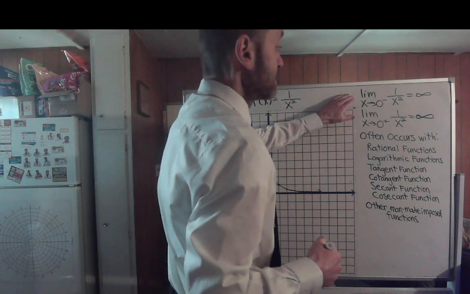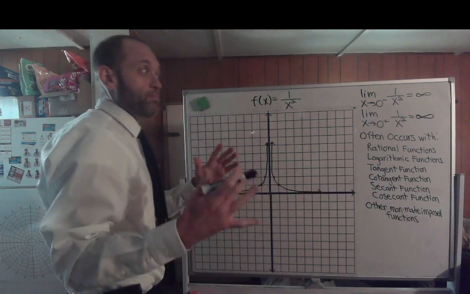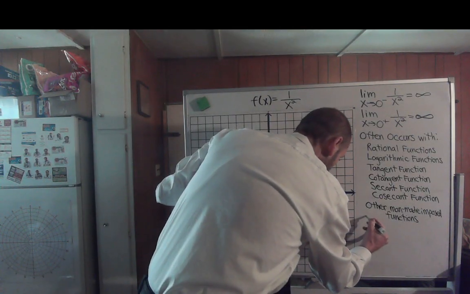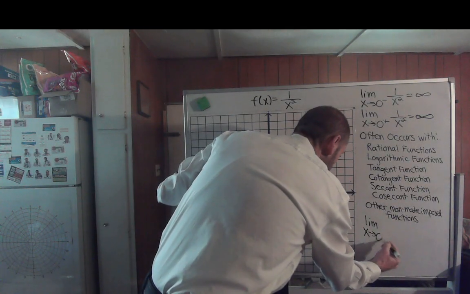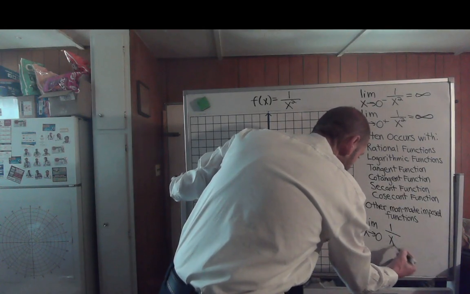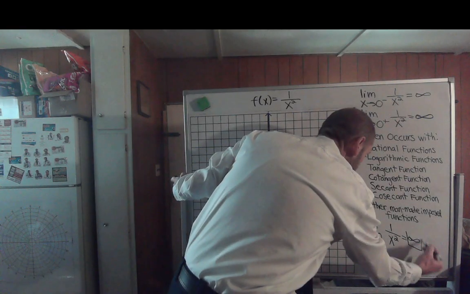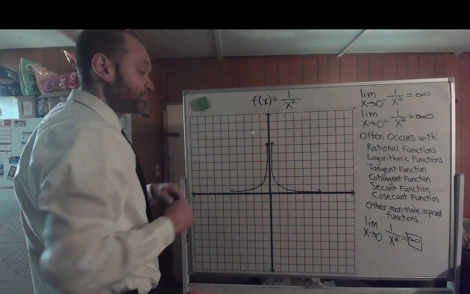Now, since the left-handed limit and the right-handed limit exist, for these intents and purposes at least, we can actually say the general limit in this case as x approaches 0 exists. The general limit as x approaches 0 of 1 over x squared would equal infinity, since the left-handed limit matches the right-handed limit.